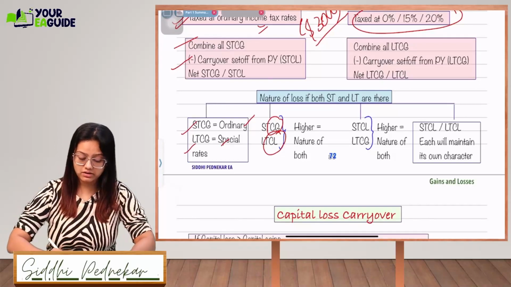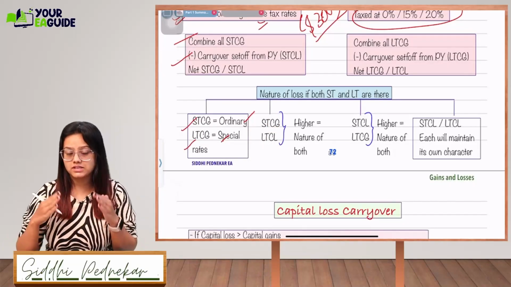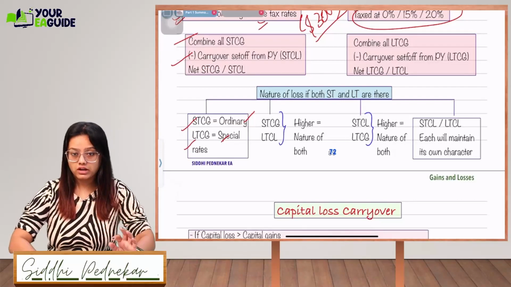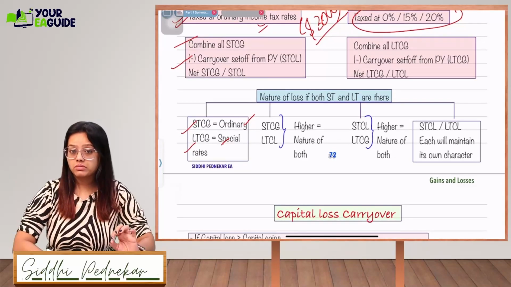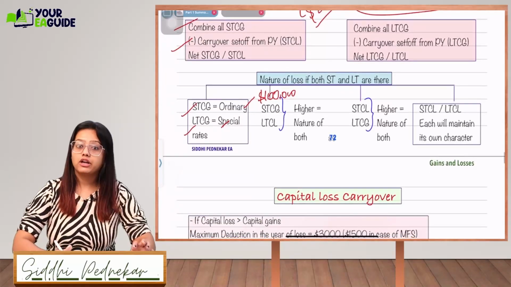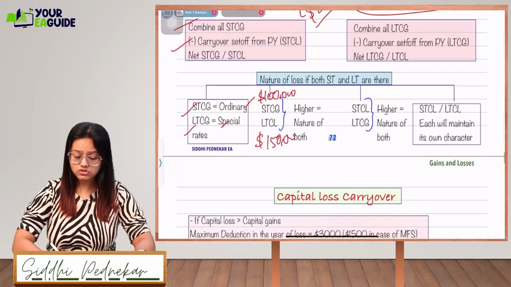So let's take one numerical example quickly. I know I'm extending this. Since this is just a revision, still I'm explaining a little bit in detail, so there's no confusion for you guys. If it's a short-term capital gain, say you have $1 lakh as a capital gain, and you have a loss of, let's say, 1,50,000. So this 1,50,000 will first be offset against this.